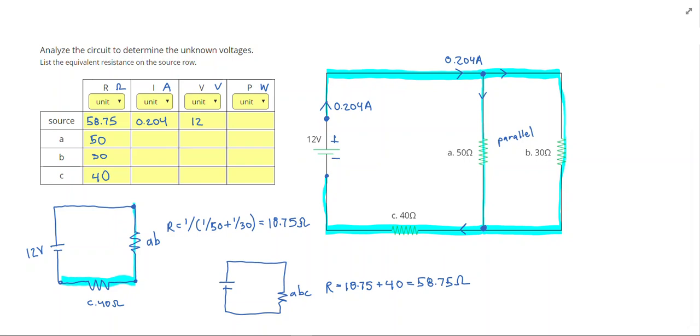So next I'm going to use the equation V equals I times R, and I'm going to do 0.204 times the equivalent resistance, which was 18.75, and that'll give me 3.83 volts, which will be the voltage for A and B.